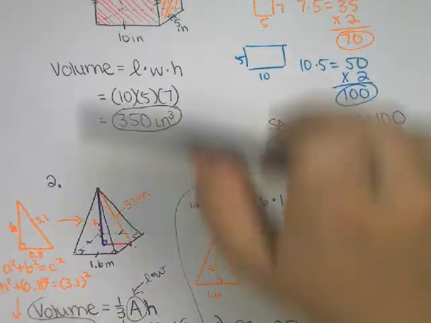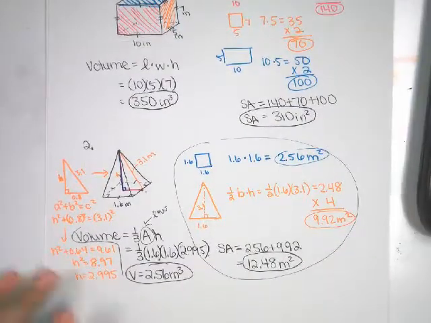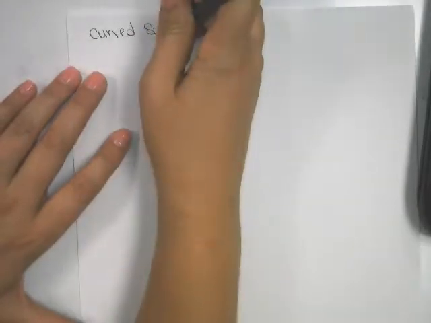Now, not all of our shapes have nice flat faces. There's a lot of three-dimensional shapes that we work with that have curved faces. So how do we handle those? Well, lucky for us, your formula booklet has formulas for these. So, curved surfaces.